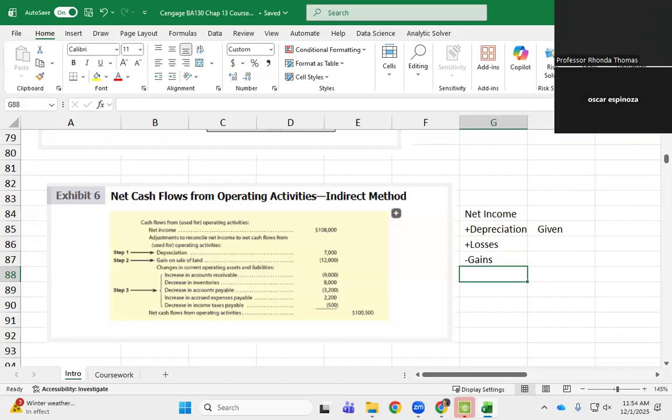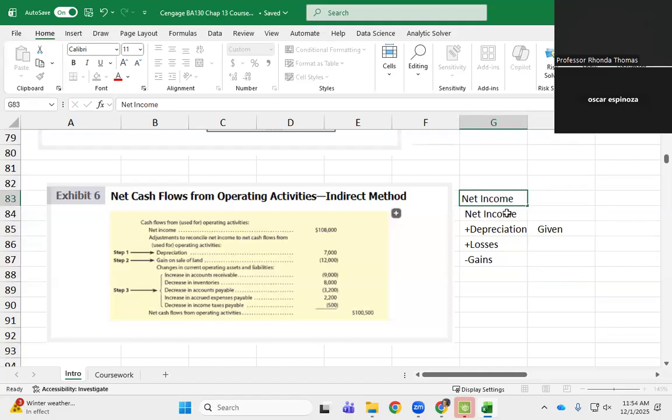So here's the rule. Let me put this in like I said. We're going to look at a series of adjustments. Let me put net income here.